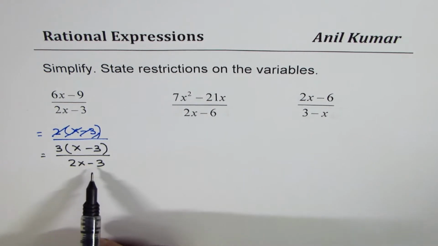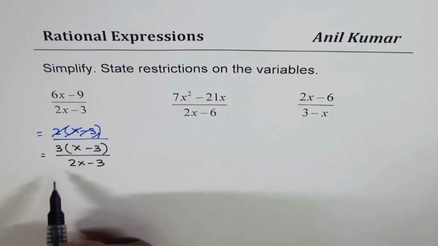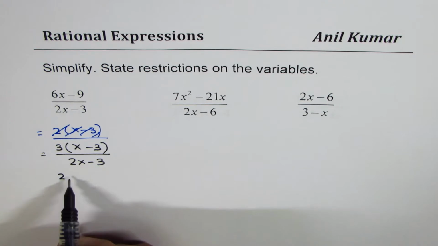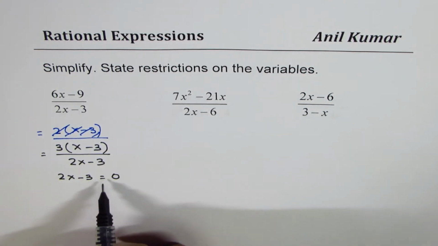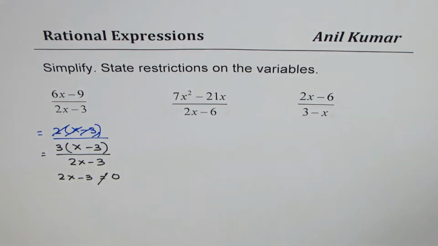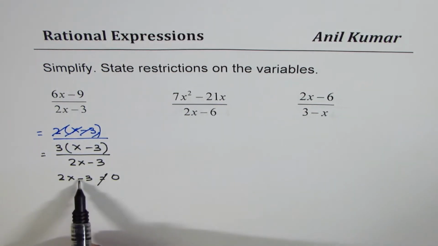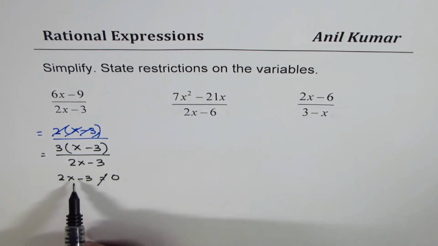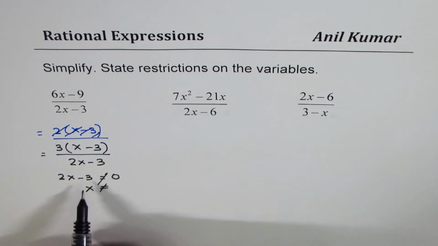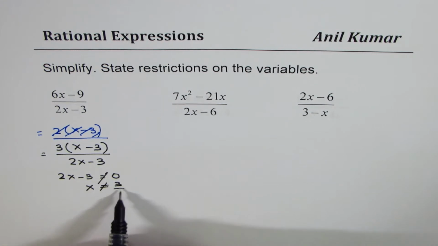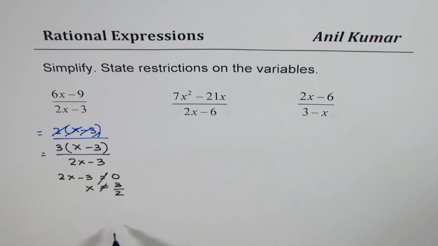However, we have restrictions, and to find the restriction, we have to equate the denominator, which is 2x minus 3, to 0, and it cannot be 0. That leads to restrictions, correct? So we write 2x minus 3 is not equal to 0, and we can simplify and find what x should not be equal to. Taking 3 to the right side, dividing by 2, gives us the restriction.